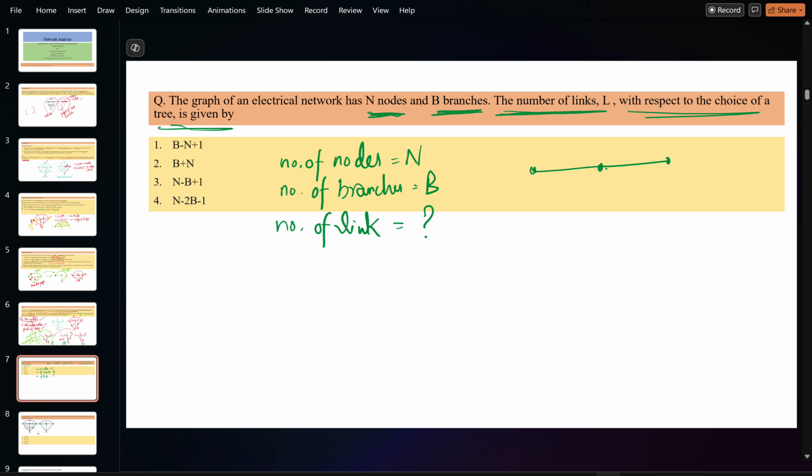Suppose this is a graph which I am giving: node 1, node 2, node 3, node 4, with branches A, B, C, D, E, F. Try to find which equation can be correct, with the definition of links which I have given. After that, I will give the solution. Take your time and think what could be the exact solution for this.